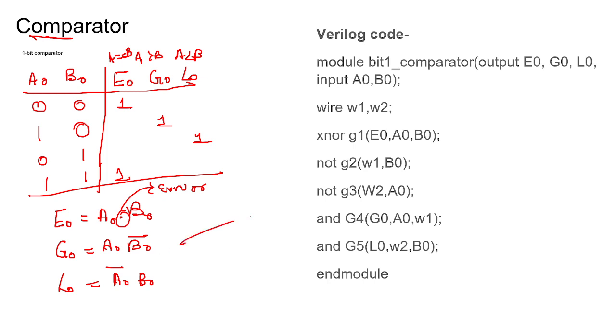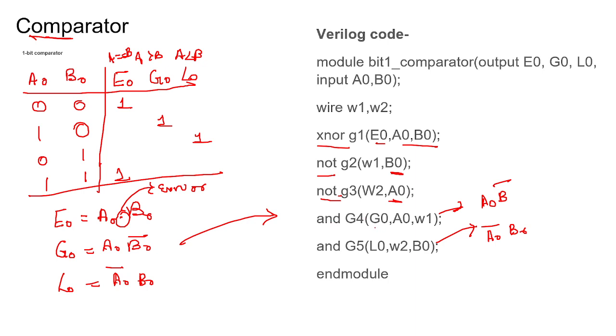So now next the code will be a direct implementation of this equation. So for E0, it will be A0, B0 with an XNOR gate, and NOT gates to obtain B0 complement and A0 complement. Then an AND gate of these implements A0, B0 bar, and here we are implementing A0 bar, B0.